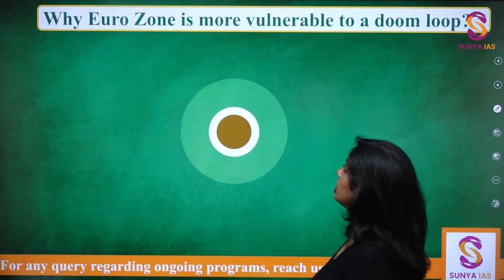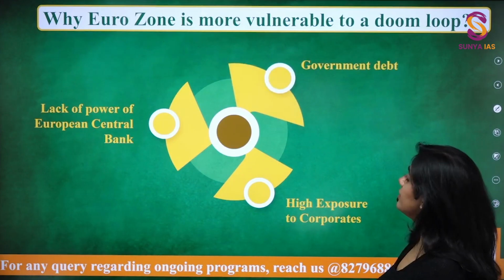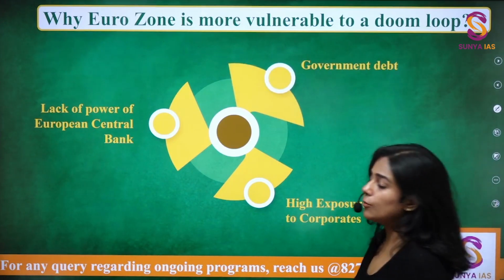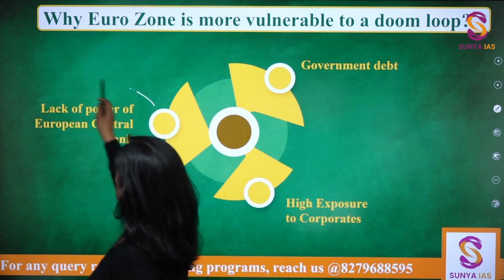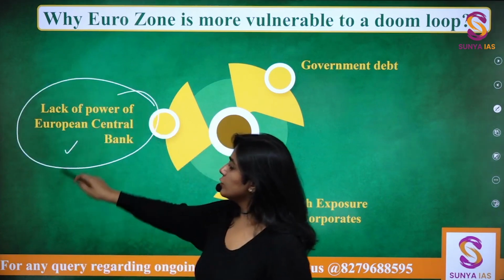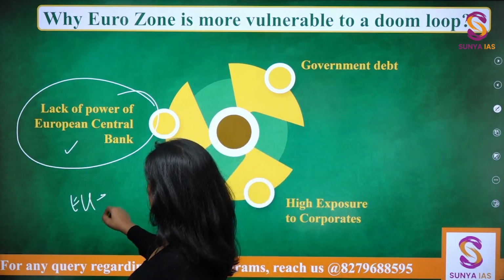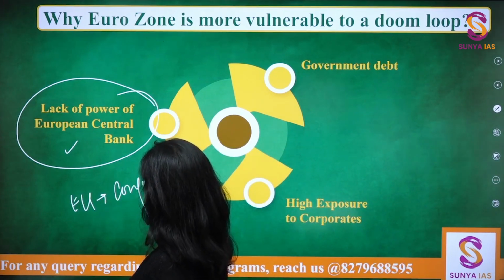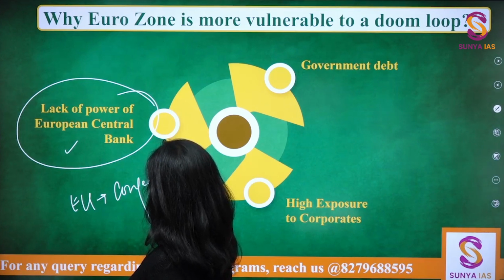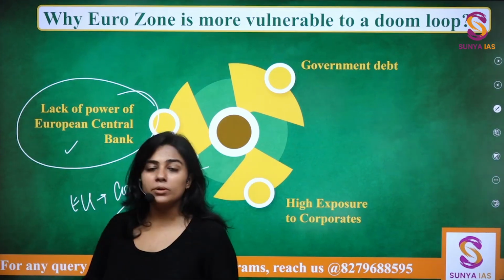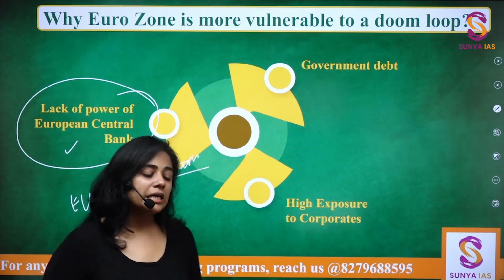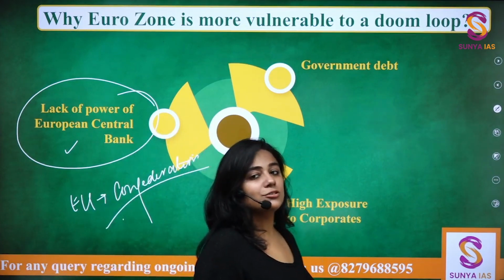So that's why the Eurozone is more vulnerable to a doom loop. There are some reasons for it. One is the lack of power of the European Central Bank. As you know, the European Union is a confederation. These countries have come together to take some common decisions, but overall they are various sovereign countries, right?